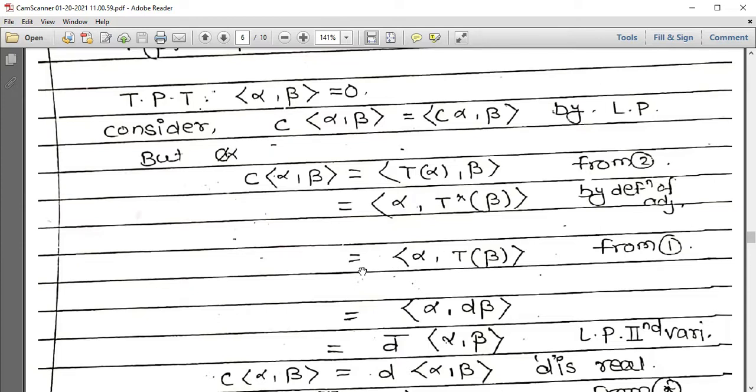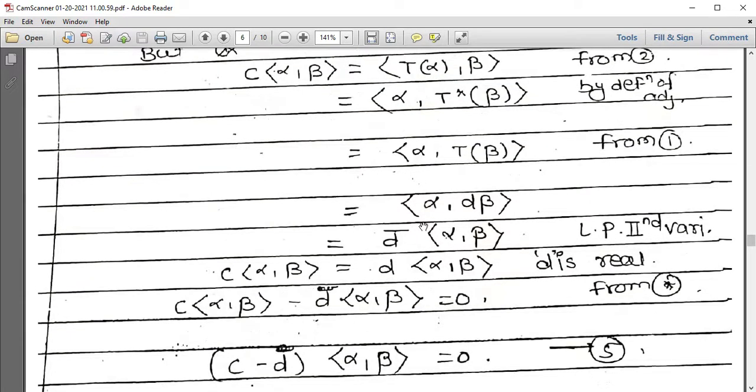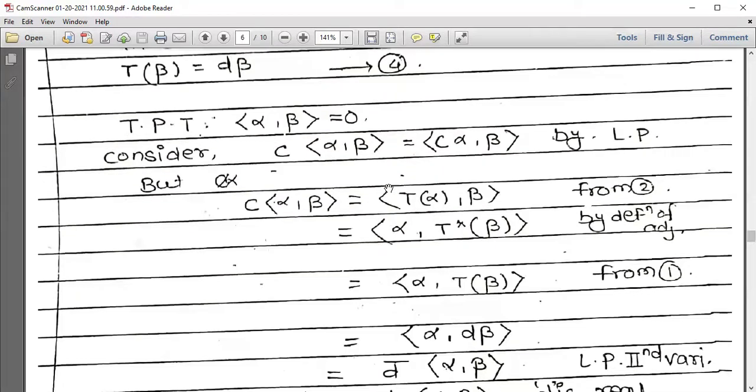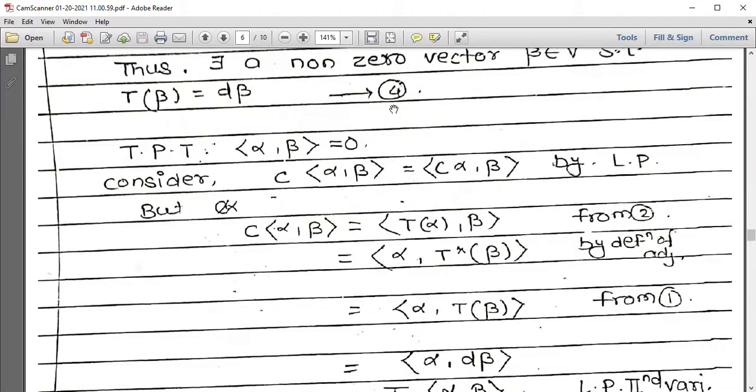Which is equal to the inner product of alpha and T of beta from 1, because T is self-adjoint. It means that T star is equal to T. Which is equal to the inner product of alpha and D beta. Why D beta? Because T of beta is equal to D beta here from equation number 4.